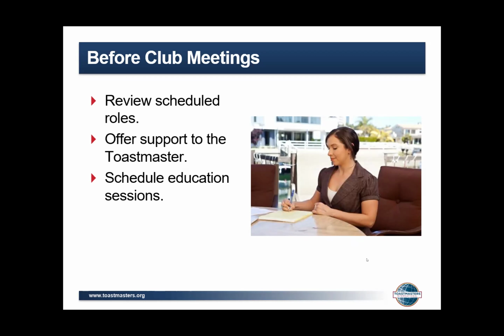But another thing that can fall under scheduling education sessions is this: most members focus on completing the speeches that are aligned with their particular path, their level 1 speeches, level 2, etc. However, those are not the only speeches that should be conducted at a Toastmasters meeting. Because remember, we want to have broad education sessions also, not just speeches.